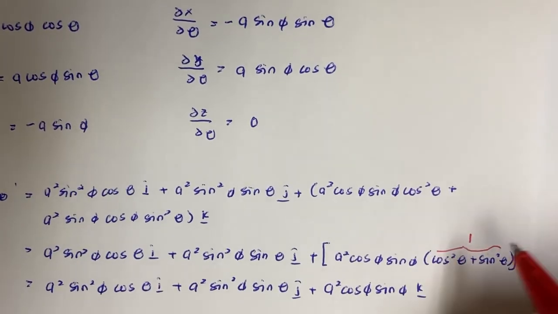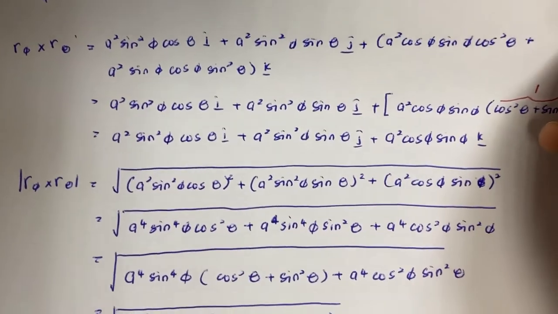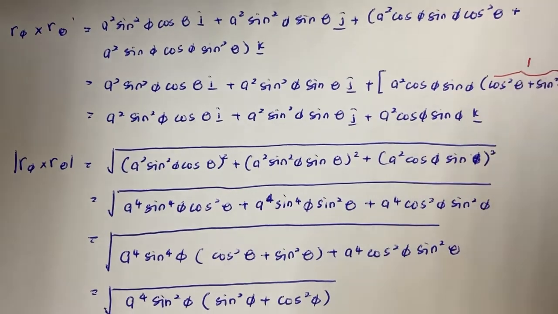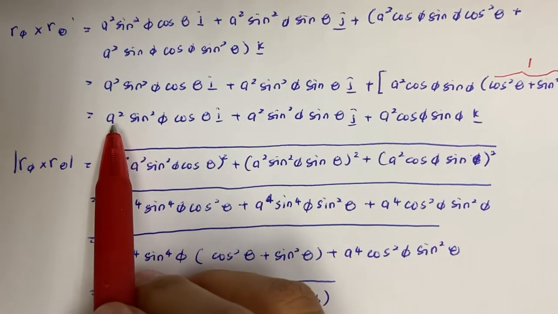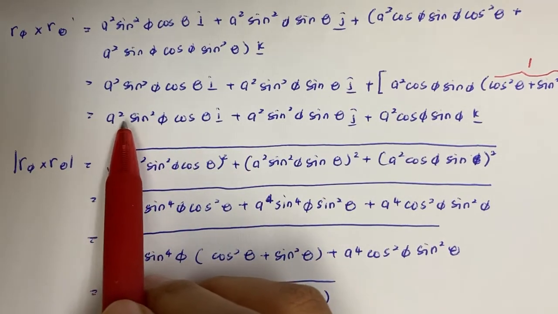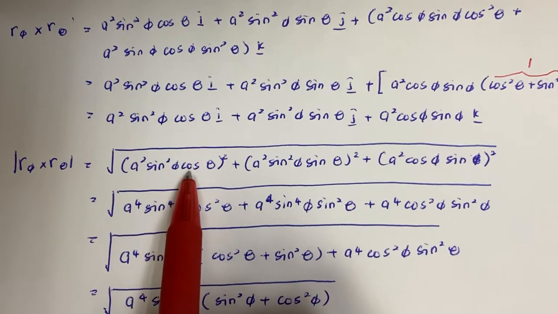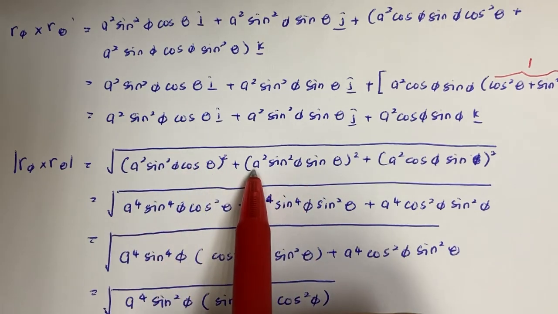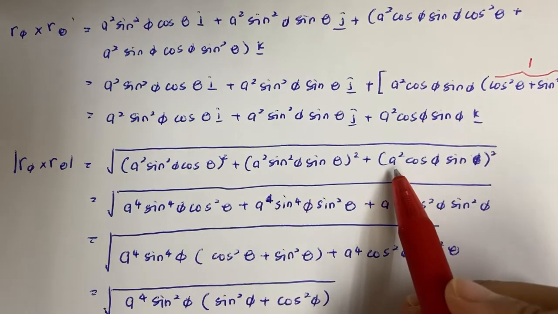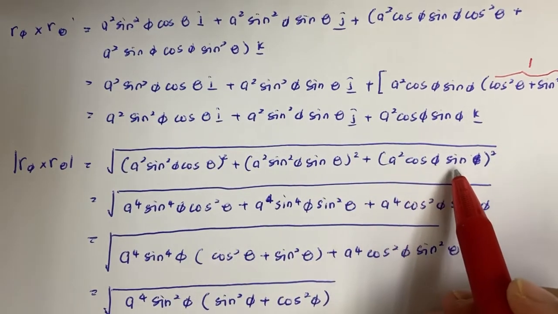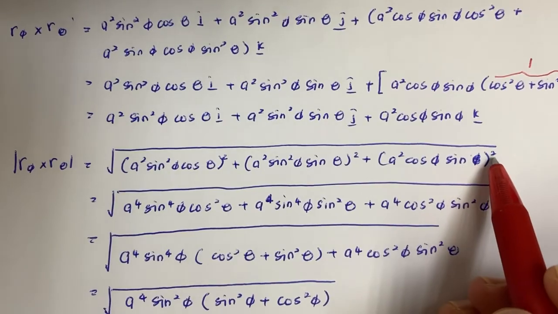And after that, you need to find the magnitude of r phi cross r theta. Okay, so you need to square this: a square sin square phi cos theta, squared, plus a square sin square phi sin theta, squared, plus a square cos phi sin phi, squared.